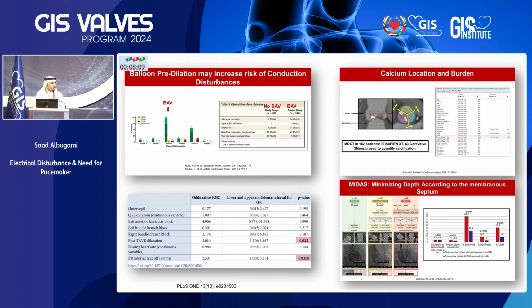They were able to lower left bundle branch block from around 29% to 9%, and the need for pacemaker from 9% to 3%. So avoid pre- and post-dilatation, understand the calcification distribution in the LVOT and in the leaflets, and adopt the MIDAS technique.